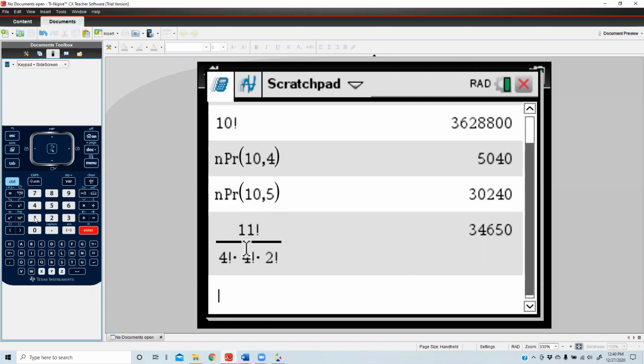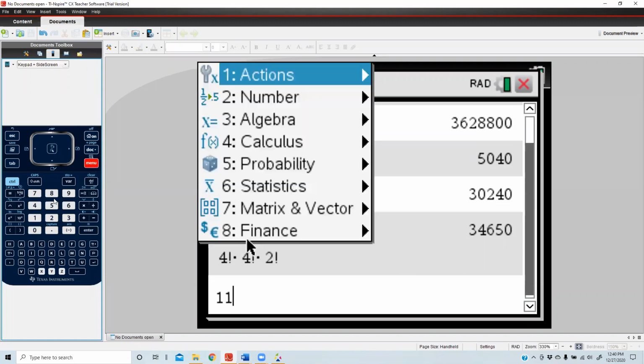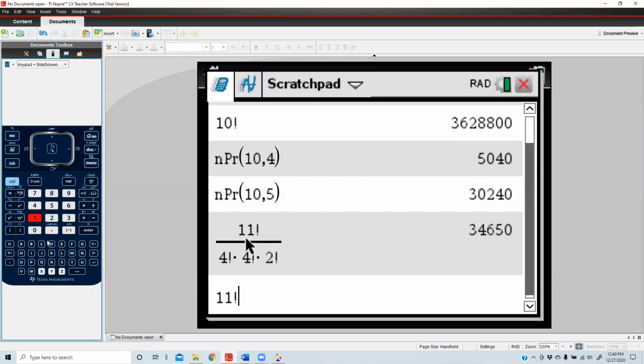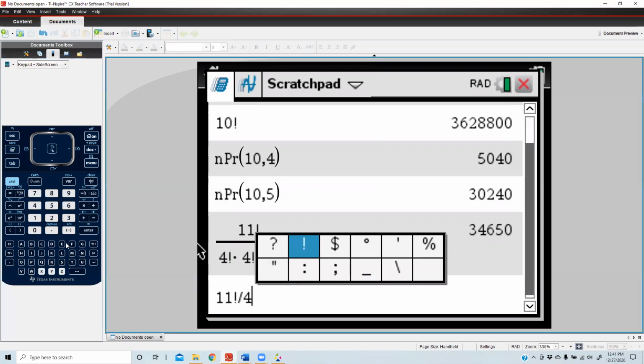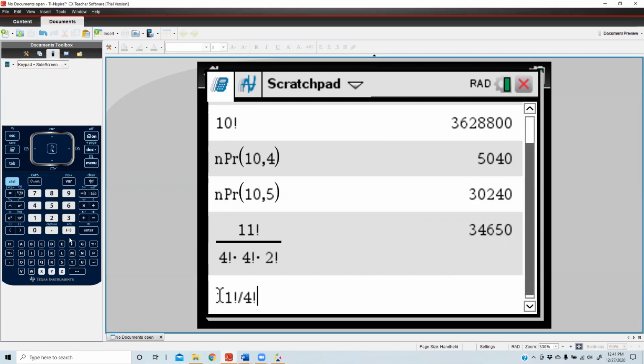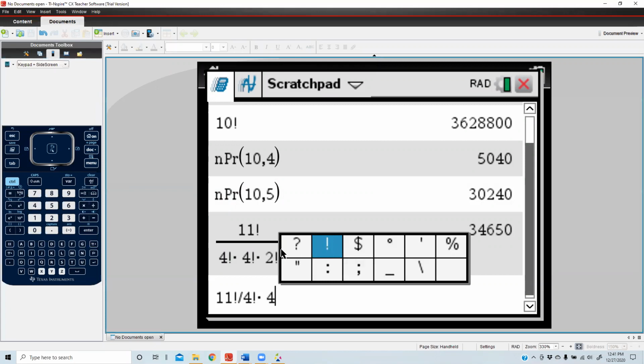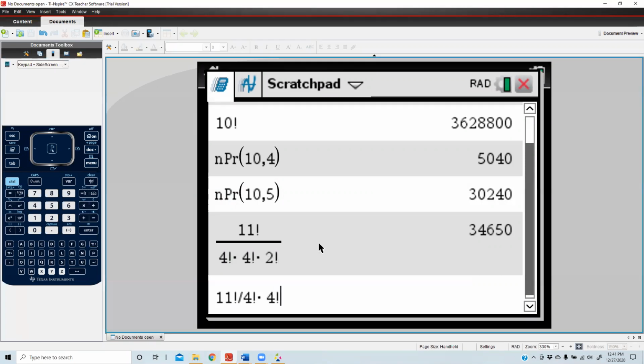Now let's say you didn't do control divide. Let's just say you did 11 and then factorial, and you just hit normal divide. If you did that, you would have to put the bottom in parentheses. If you don't, it'll just do 11 factorial divided by 4 factorial. So I'm going to do it without the parentheses first to show you how it will give you the wrong answer.